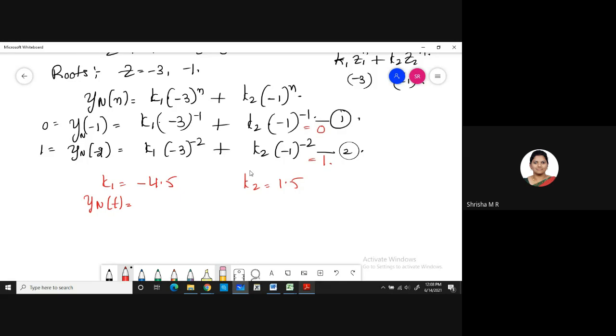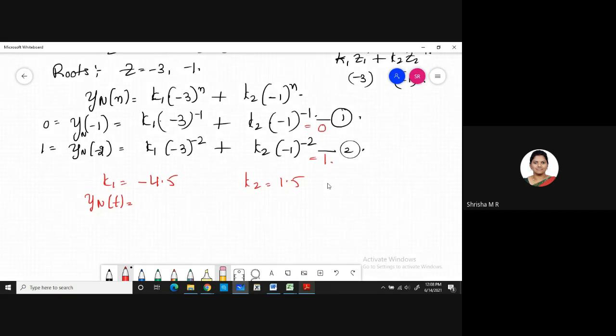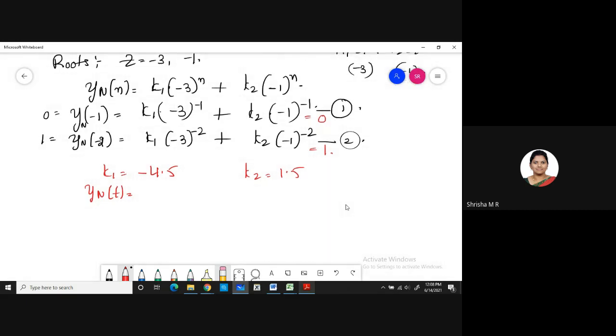So did you all get this? Minus 4.5, 1.5? Substitute the values correctly. This is equated to 0, this is equated to 1.